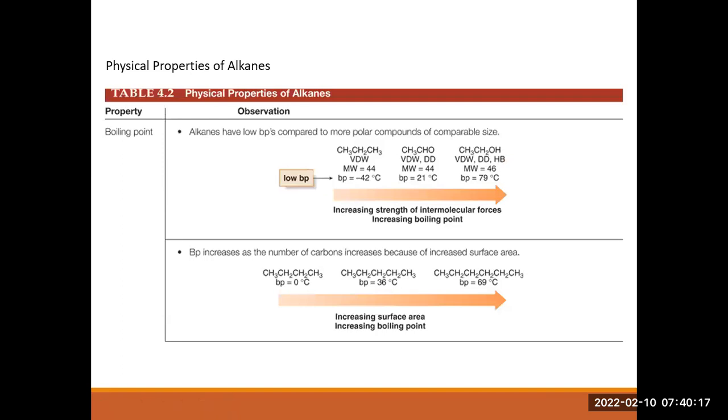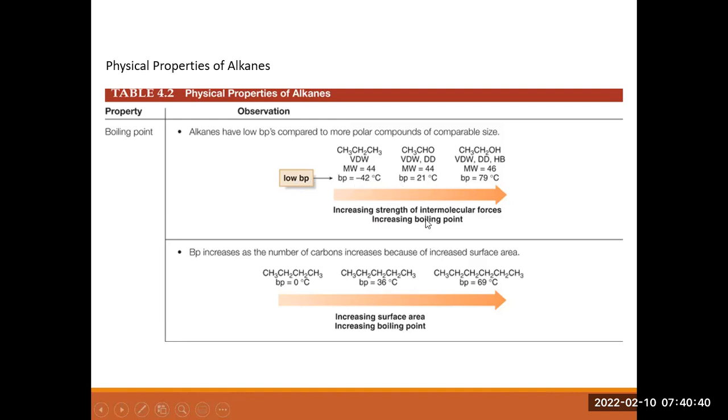So some physical properties of alkanes. Alkanes have low boiling points compared to more polar compounds of comparable size, meaning they boil at lower temperatures. So they can boil easier.